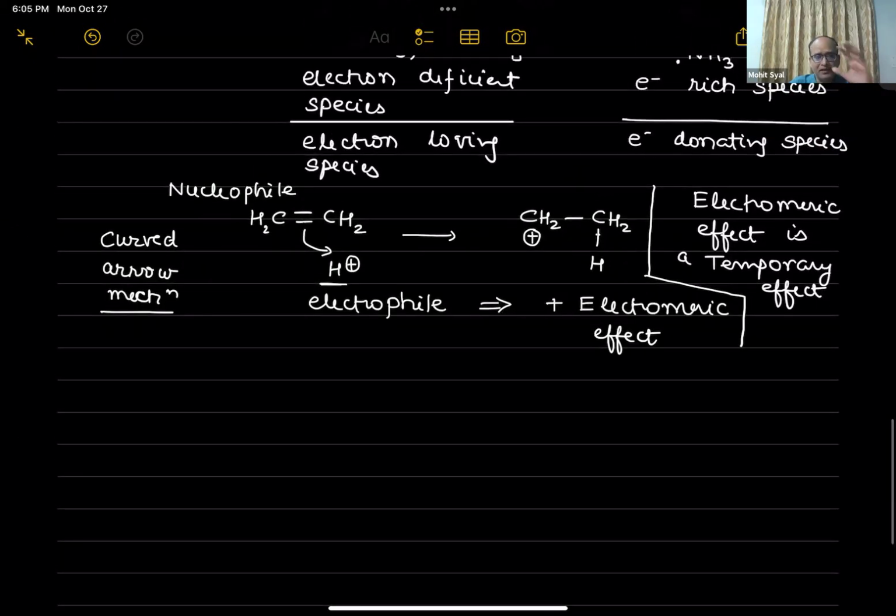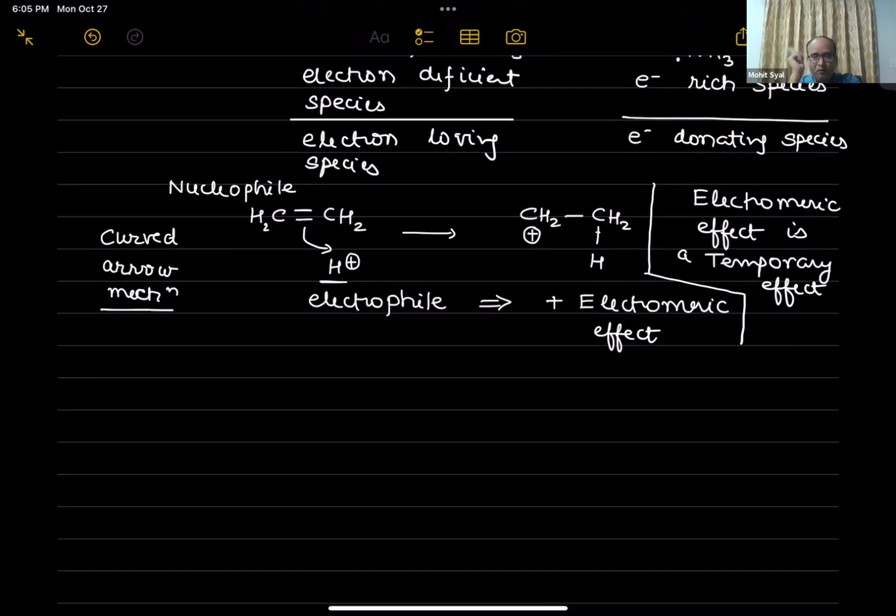Whatever I'm discussing, is it a temporary or permanent effect? Temporary, right? Yes, it is a temporary effect, exerted by the electrophile. The electrophile will snatch away the electrons and get connected to the source of electrons.